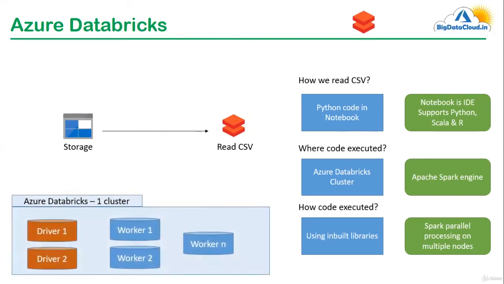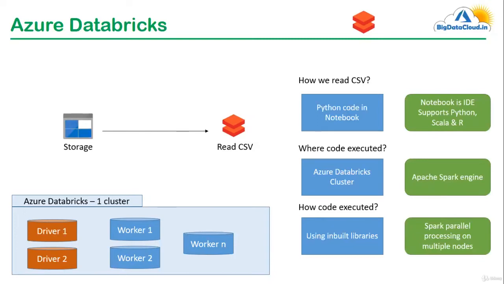So let us understand what is a cluster and what is parallel processing or the nodes. On the left side of this slide, you see Databricks, one cluster. This diagram is about only one cluster. We can create one or more clusters in Azure Databricks. For one cluster, there are two drivers, driver 1 and driver 2.